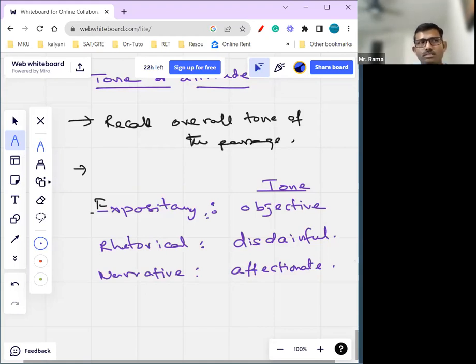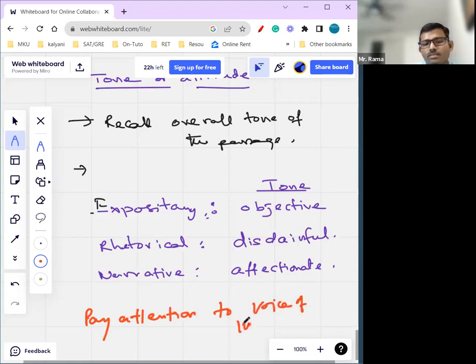Pay attention to the voice of the speaker. Does the line or the question represent opinions of the author or the opinion of somebody else? So always look at the author's point of view, and pay close attention to the voice of the speaker. Okay, just like that.